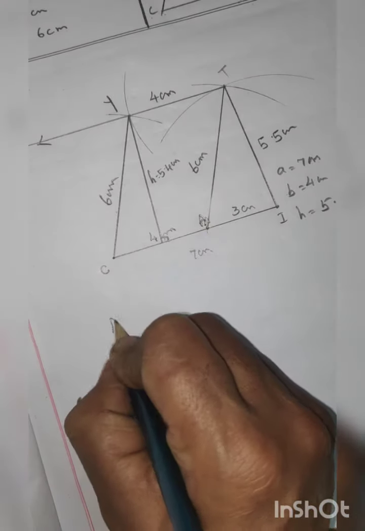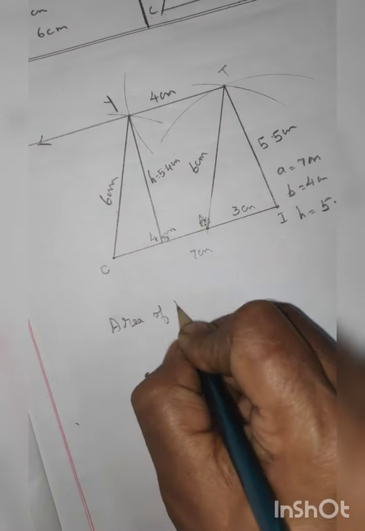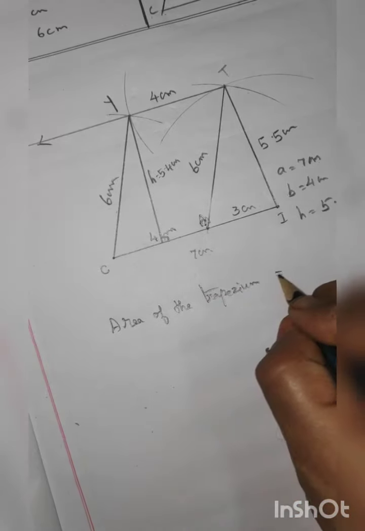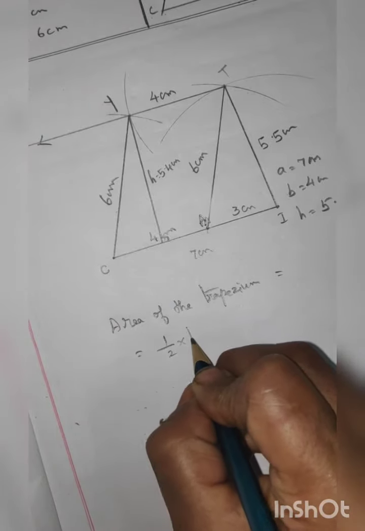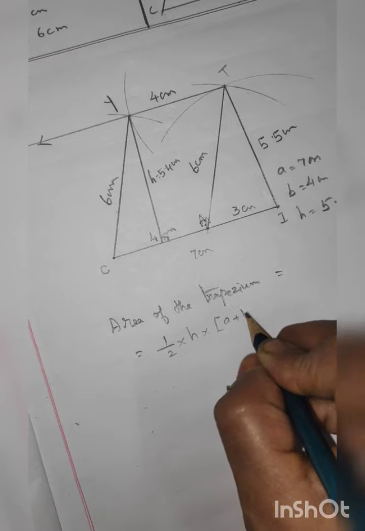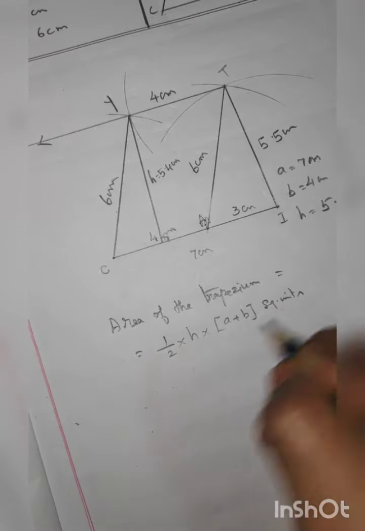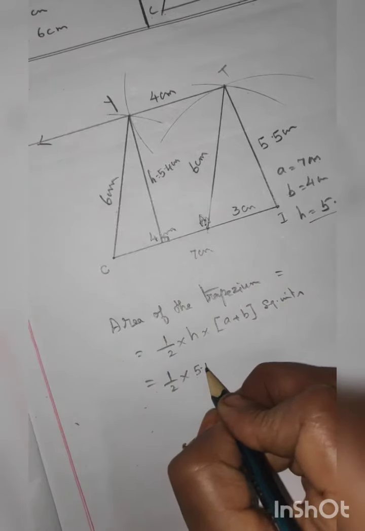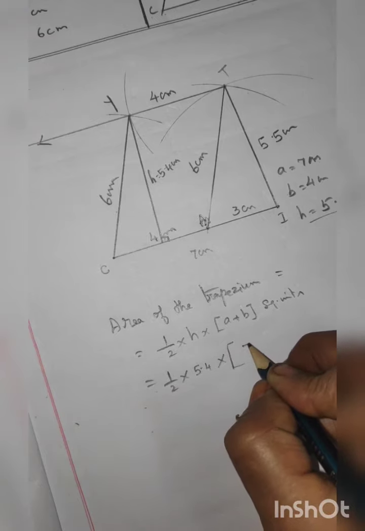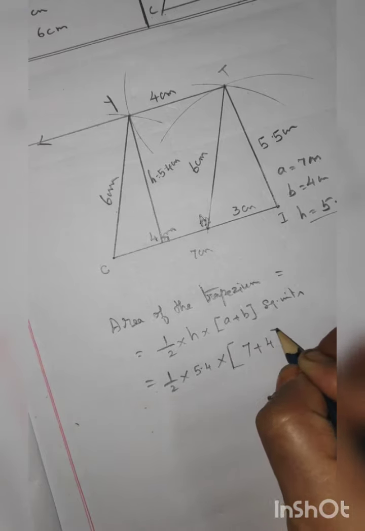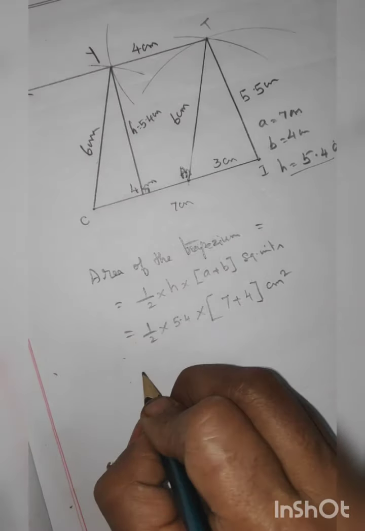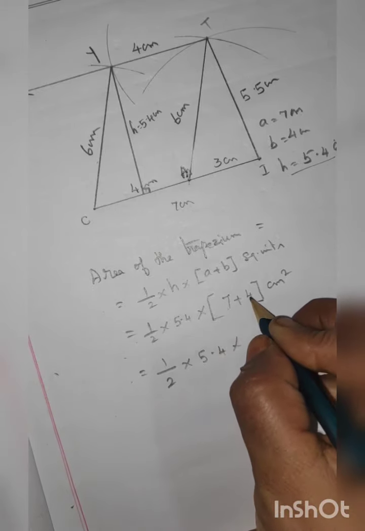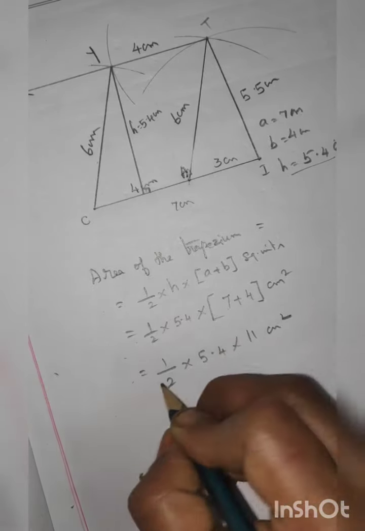Area of the trapezium equal to 1 by 2 into h into (a plus b) square units. 1 by 2 into h value equal to 5.4 centimeter into, start the bracket, a value is 7 plus b value equal to 4 centimeter squared. 1 by 2 into 5.4 into 7 plus 4, 11 centimeter squared.